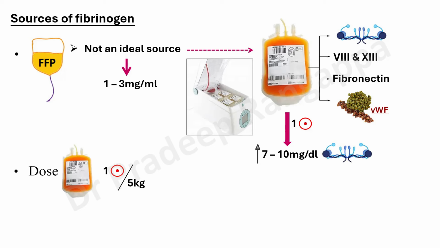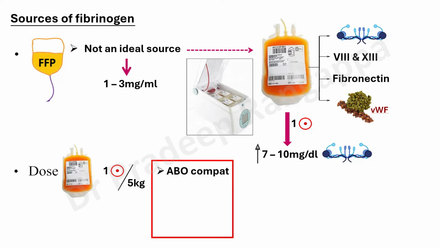And the normal dosage of cryoprecipitate as referenced in literature is 1 unit for every 5 kgs. If you want to go per kg administration of cryoprecipitate, it is 1 unit per 5 kgs. The easiest way to remember is 7 to 10 milligram per deciliter for every unit, or you can remember 1 unit per 5 kg.